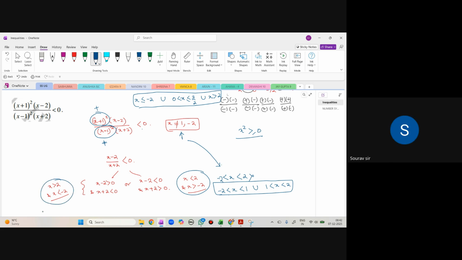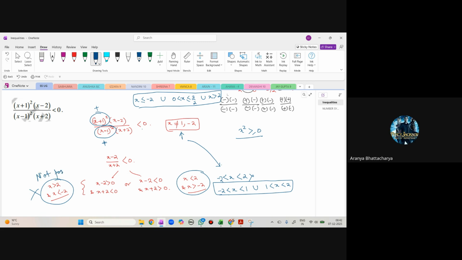Okay, this one, x is greater than 2 and x is less than minus 2. Can you give me a value of x where x follows this? Give me one value of x where it is both greater than 2 and less than minus 2. Any value of x. There is none. This is not possible.